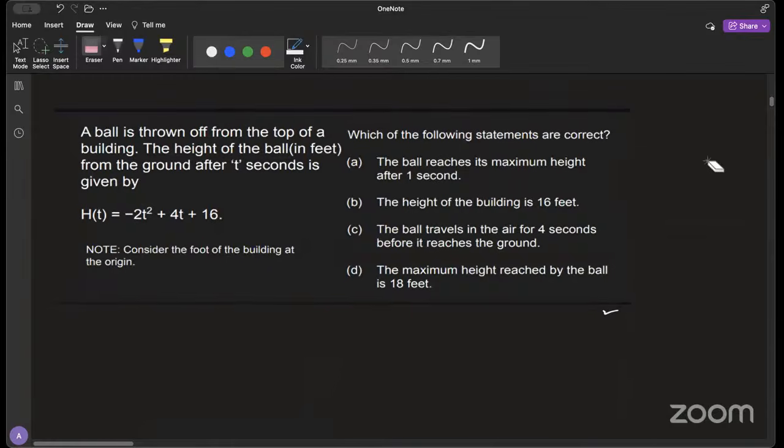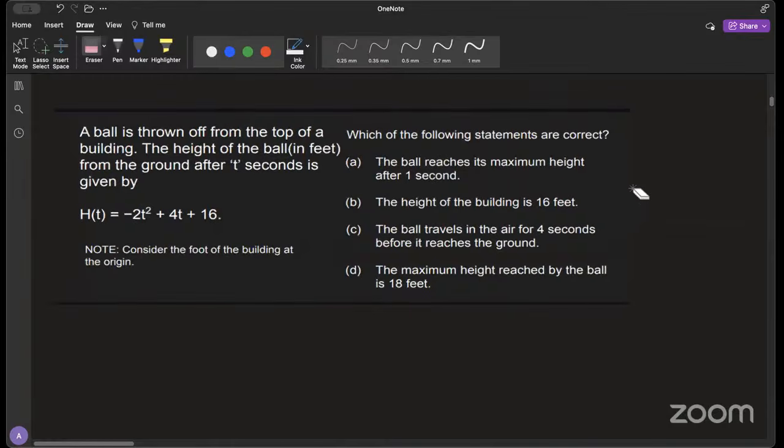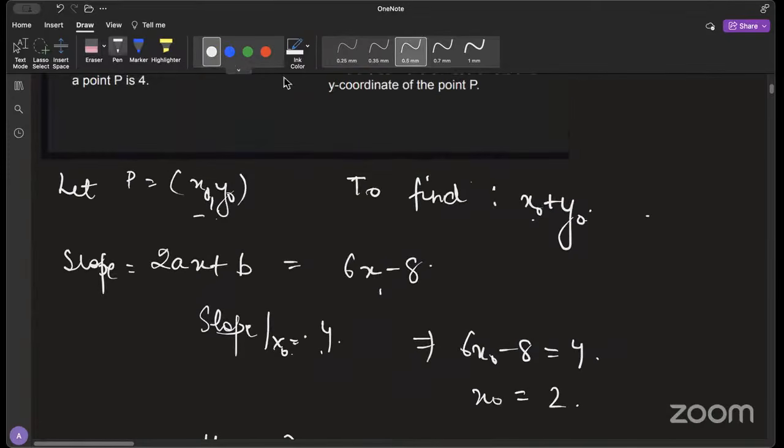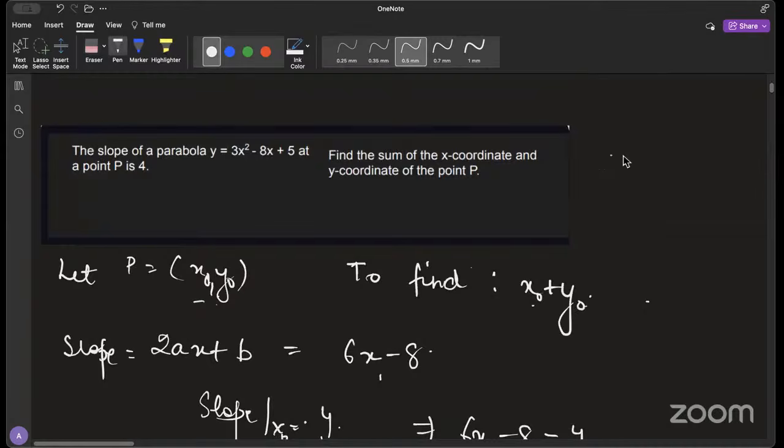Just take the screenshot. Is it done? Yes. Okay. So about the doubt here, you want to use minus b by 2a, is it? Yes, ma'am. Okay, let's do it your way.